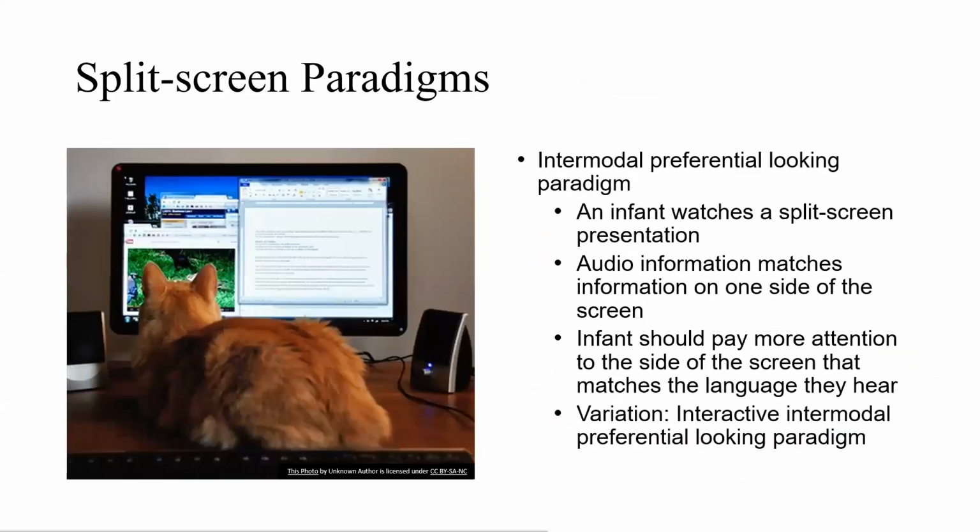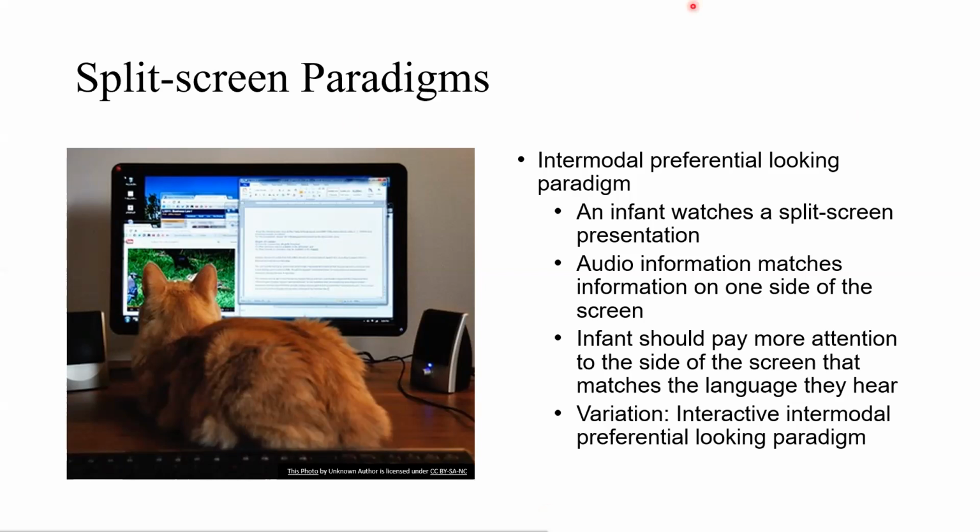Another way to do it, so clearly this cat is not engaged in a split screen paradigm, but I felt like as an academic, I needed to have a cat in my PowerPoint or somewhere in a recording, so here it is. The idea is that they watch a split screen and the audio information matches information on one side of the screen.